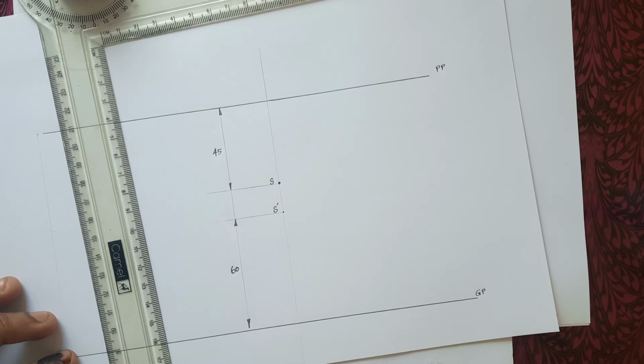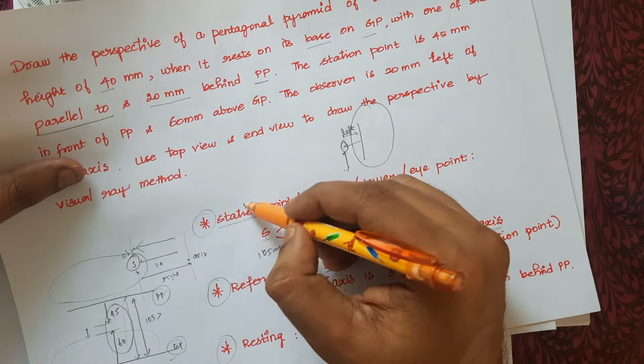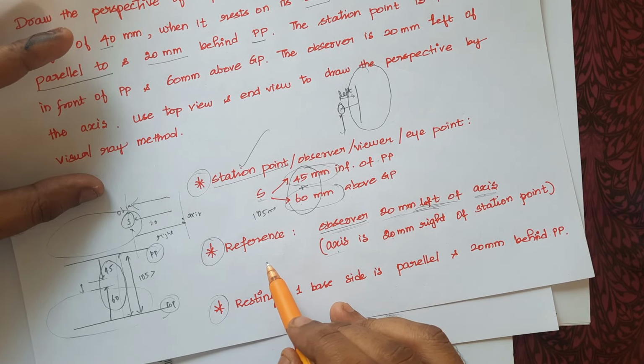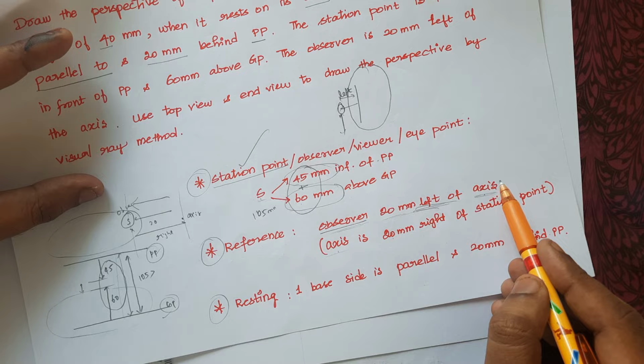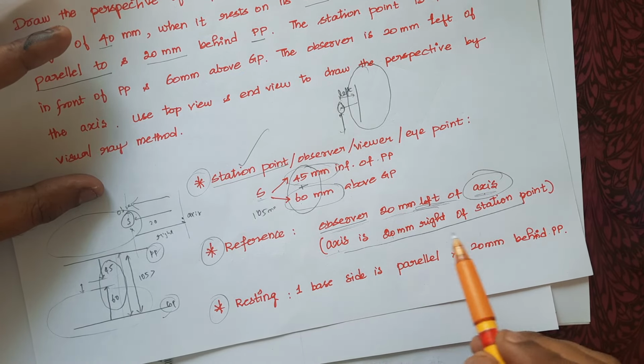Now I have marked the station point, and after that the next thing we are going to see. We have marked the station point, the first data is over, and the next thing is the reference. The reference is the axis, which is to the right of the station point, or the station point is left of the axis.